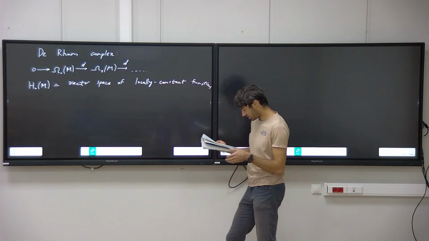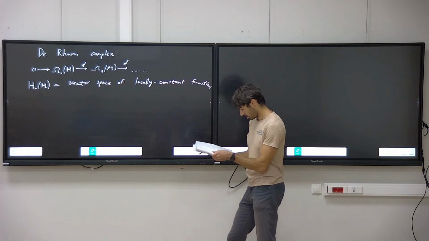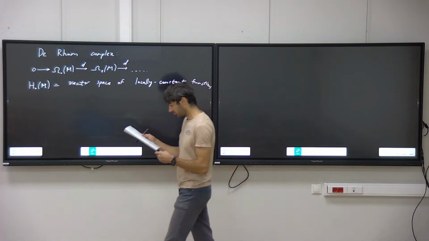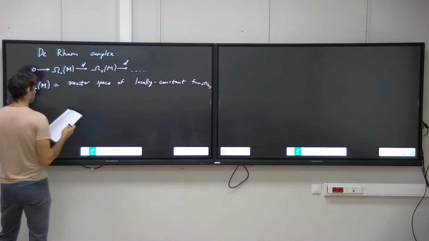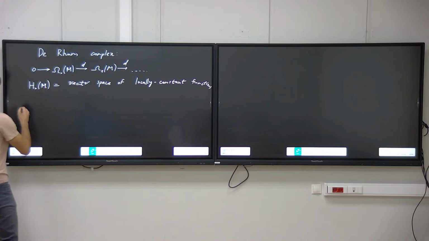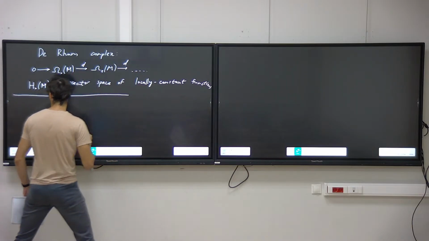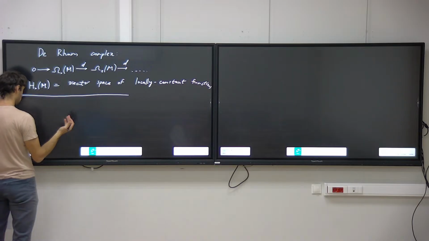Okay, and last time we stopped at homotopy equivalence of the de Rham homology. For that, I also need to clarify a few things. Let me recall what homotopic maps are.